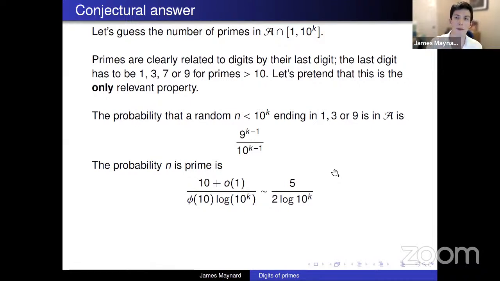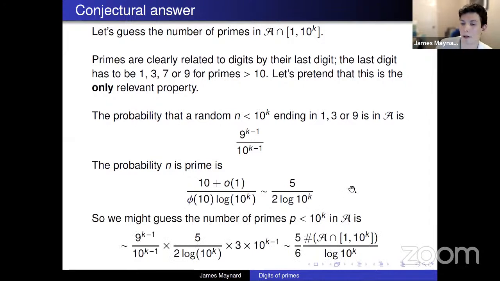And so if I thought that the only relevant property connecting being prime and having no sevens in your decimal expansion was the final digit, then once I've conditioned on having the final digit 1, 3, or 9, these two properties of being in A or being prime should be independent of one another. And so the probability that you're both prime and in A should look like the product of the two probabilities. And so I would guess that the probability that n is a prime in A would just be 9 to the power k-1 divided by 10 to the power k-1 times 5/2 times log of 10 to the power k.